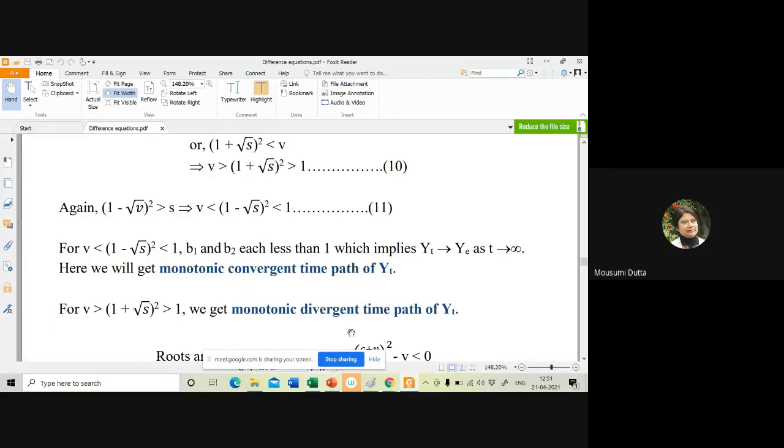Any question? Are there any sums that we need to do from this portion? Okay, at this moment, for the Hicks-Samuelson framework, I have to check from Chiang whether there is any problem which you will be able to solve, etc. The questions are mainly model based. So look at the exercise.